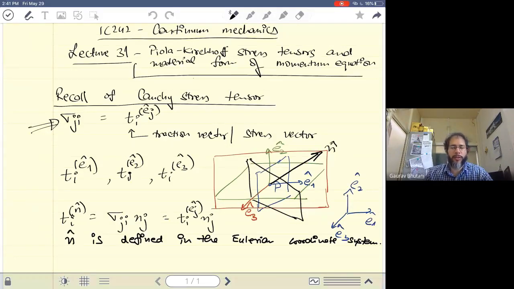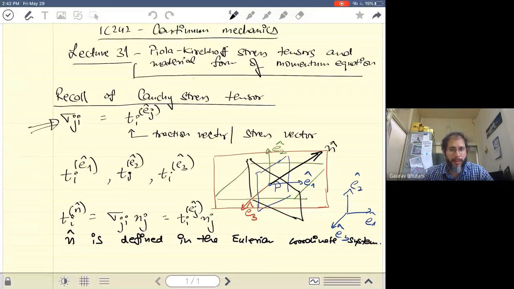So what that means is, if you remember when we talked about the Lagrangian and Eulerian coordinates, what we said was that we can have a Lagrangian coordinate system, which is the coordinate system in most cases defined for t equal to 0. So every particle can be traced back to where it was at t equal to 0. And we can define a coordinate system to track those particles in the reference coordinates.